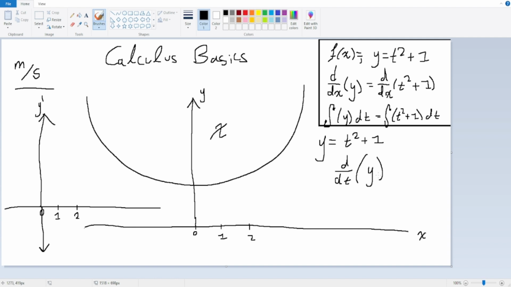So it's the derivative of y with respect to t, which is time. That's where the seconds come from: we're taking the derivative with respect to time on position, because the only useful rate of change is how position changes according to time.